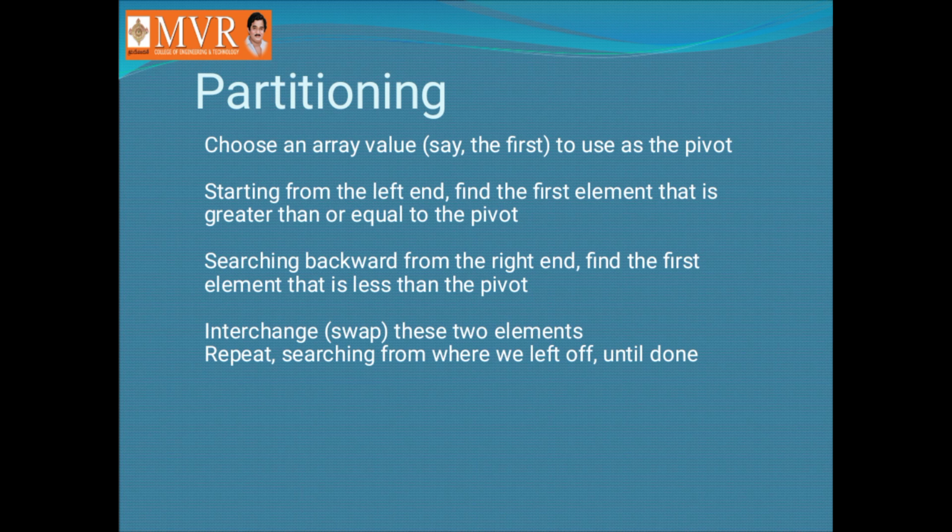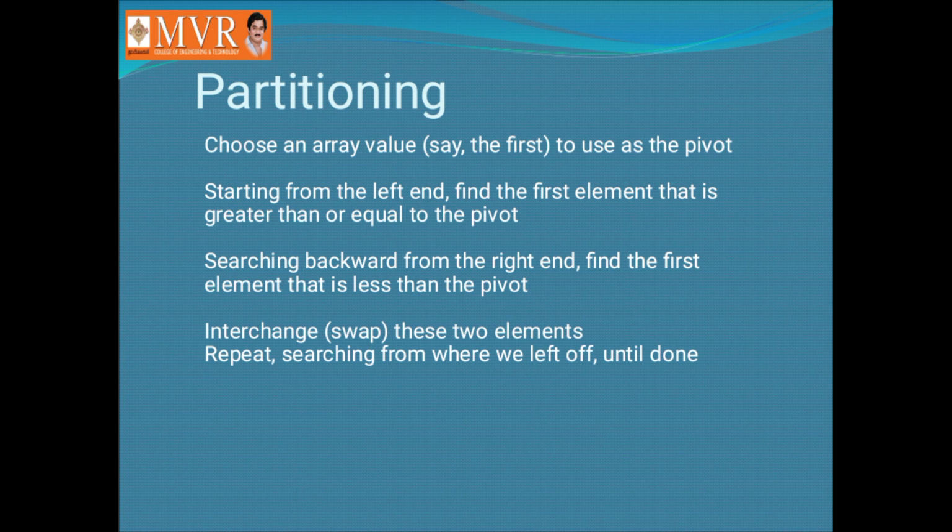First, I will be given a list of elements, that is, my unsorted list of elements. After that, I will assume the first element as my pivot element. I assumed the first element of the unsorted list, that is the 0th position element, as my pivot element. Now I start the process. First I compare my 0th element with the last element in that array, that is the element at the n-1 location.